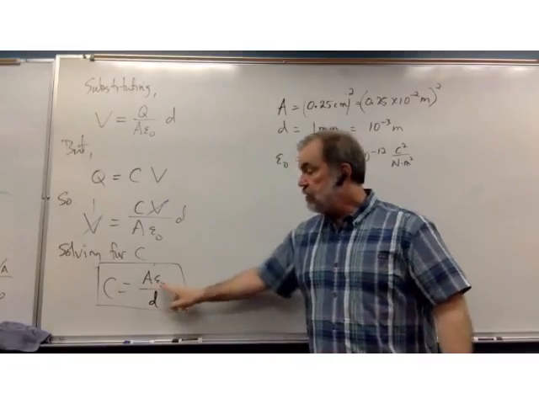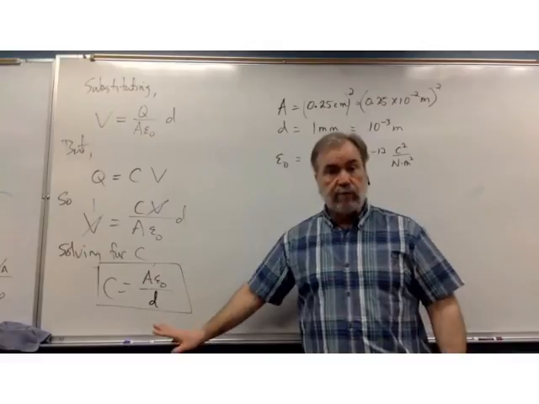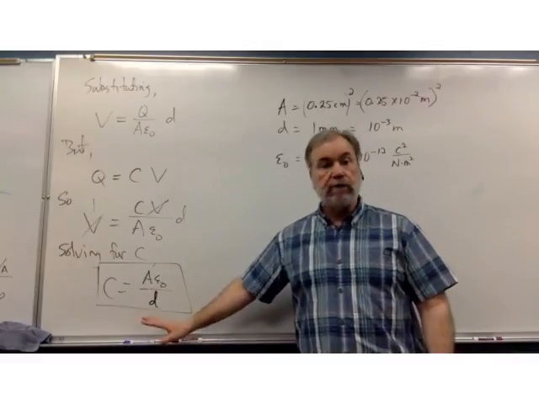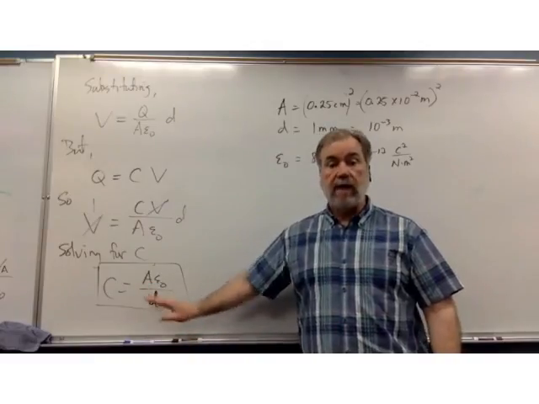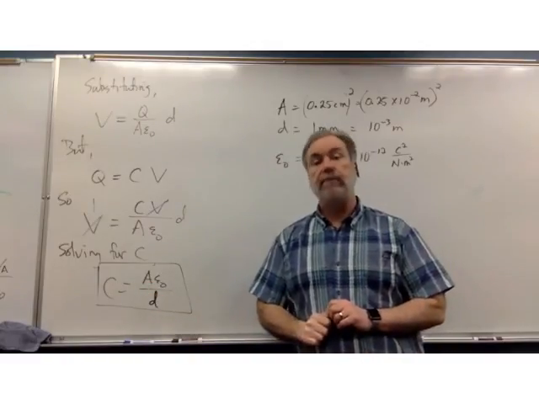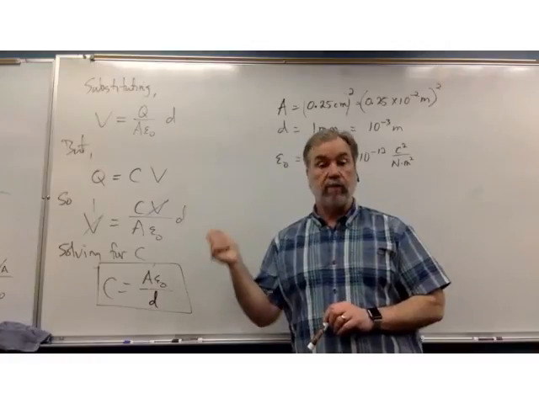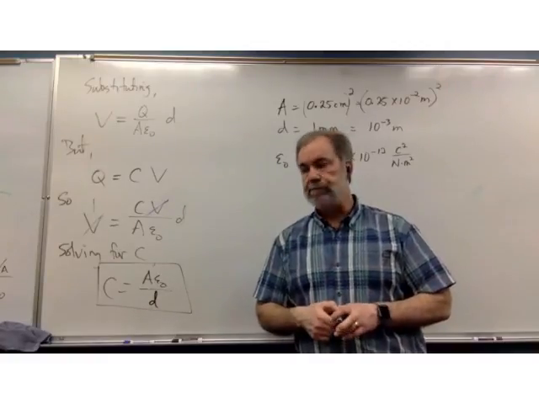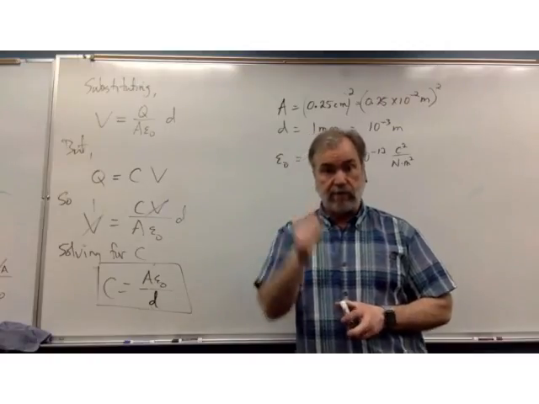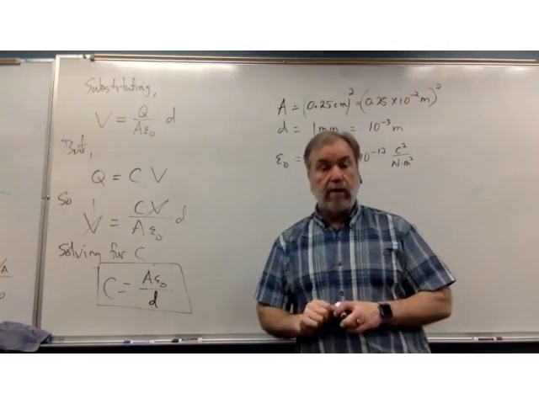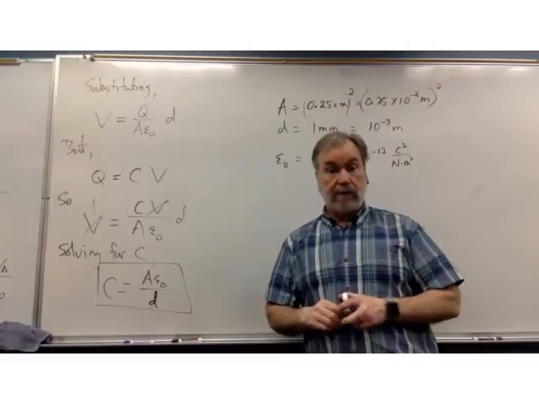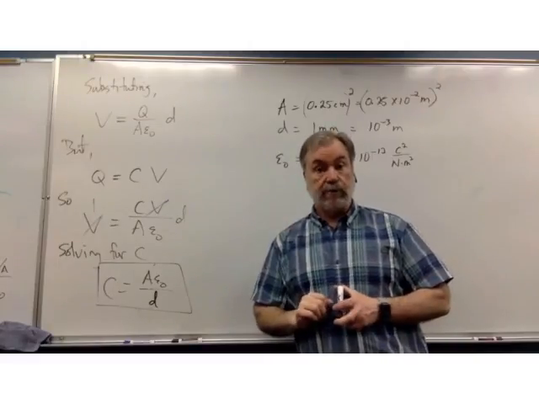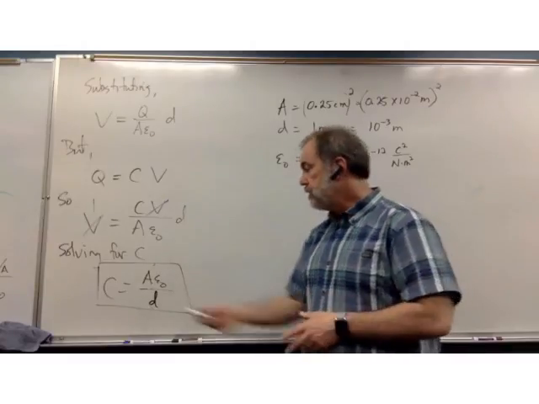And there's nothing in the calculation of capacitance that has anything to do with the battery that you attach to it, or the light bulb that you put in the circuit with it, or anything else. The capacitance is an intrinsic property of the capacitor, which is why, when I showed you the capacitor earlier, I waved the capacitor at you, showed you the stamp label on it. The reason they can label the capacitance of the capacitor is without knowing what you're going to do to it or with it. Okay, so that's capacitance.